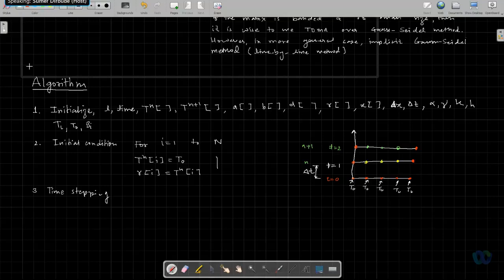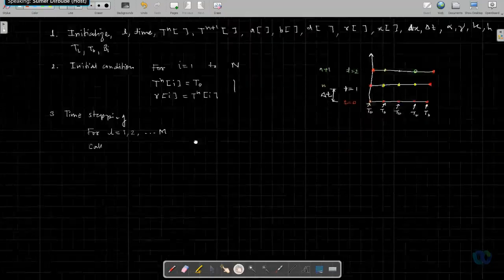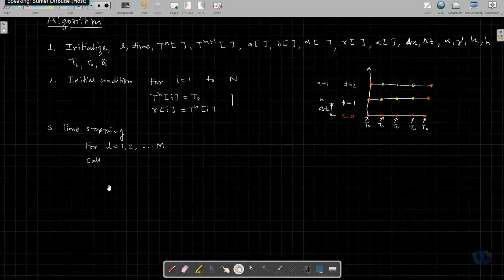So now I start here. Time stepping started. So for L equals 1, 2, up to m, I am calling a function. Whatever the TDM algorithm is, I am putting that in a function. Many times while writing a program, it is good to create a function which does a specific activity.